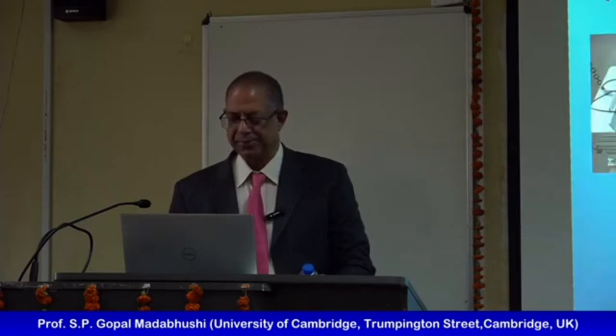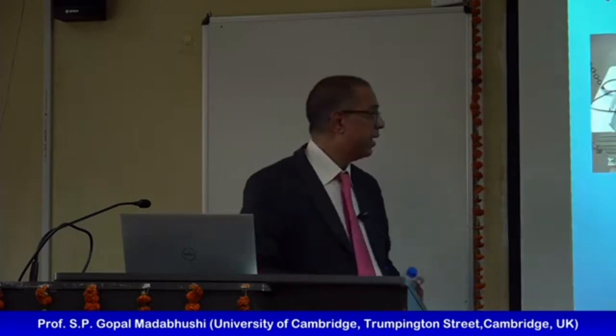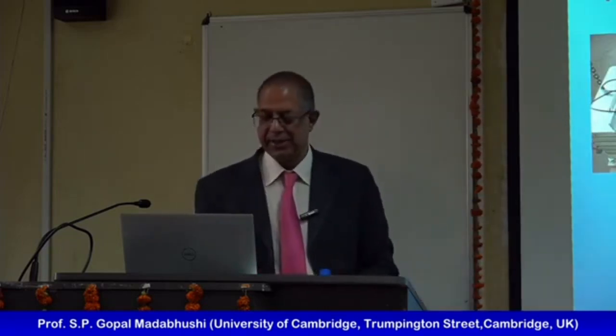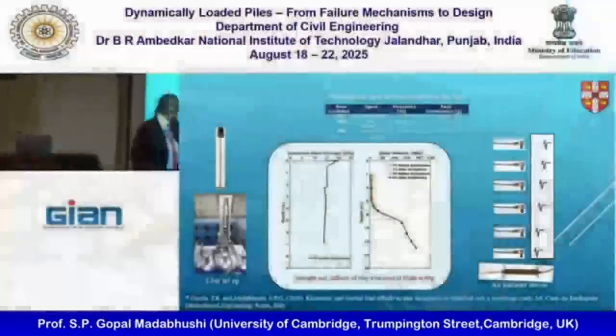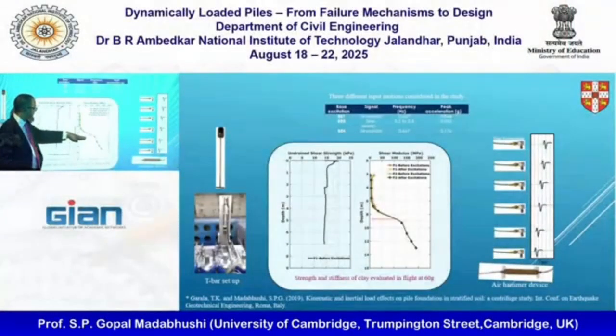And again, we can measure the undrained shear strength with depth using the T-bar. We also do the shear modulus, and you can see this is where the jump in stiffness happens, because this is all sand and that is all clay.